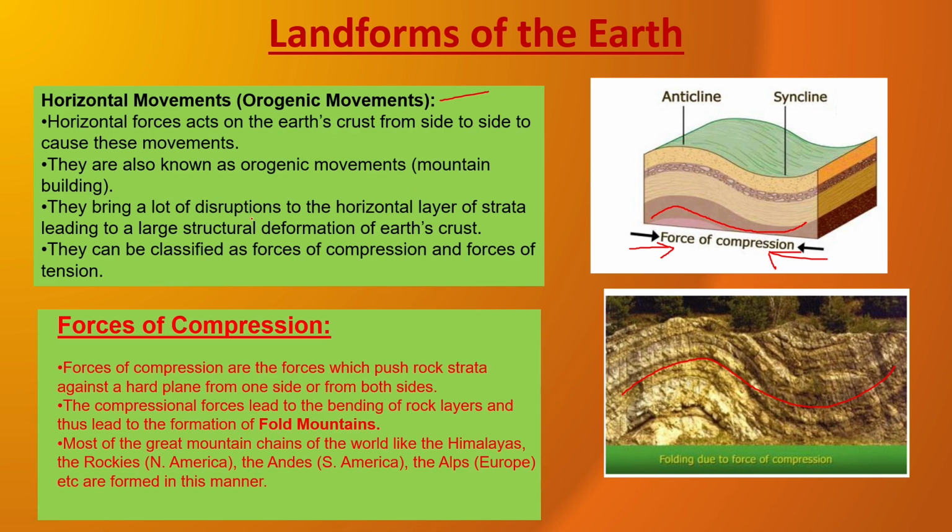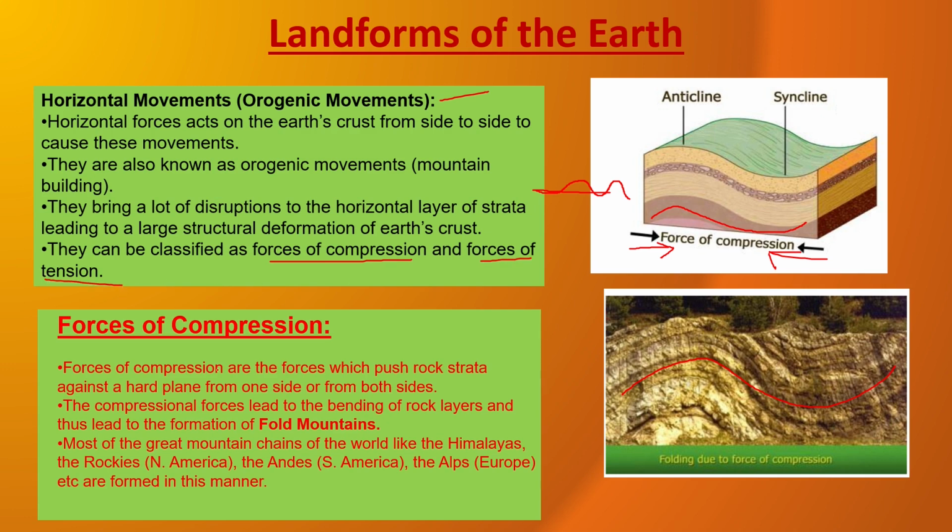They bring a lot of disruption to the horizontal layer of strata, leading to a large structural deformation of the earth crust. When the earth crust was supposedly plane, that plane area is now folding up and deformation is taking place. They can be classified as forces of compression and forces of tension.